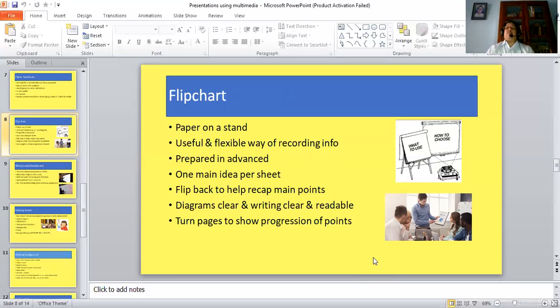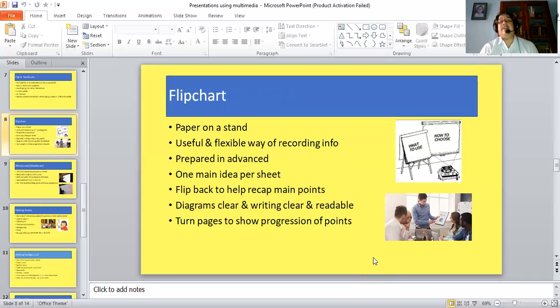Now, it is better to prepare all this in advance and keep one or two main ideas per sheet. Don't crowd too many ideas together in one sheet. Again, we have to flip back in order to recap the main points. Also, we can put down diagrams or maps on these flip charts.